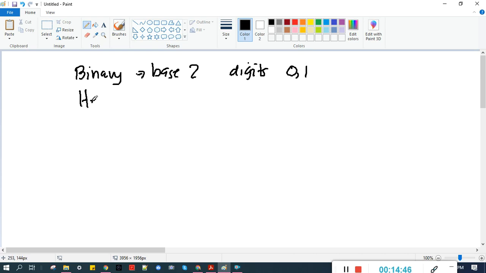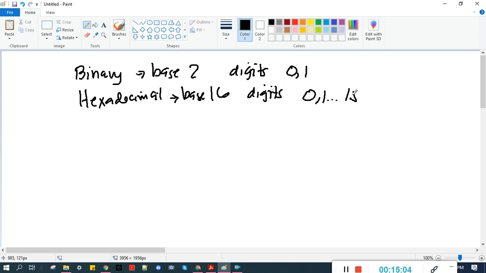What are the others? Hexadecimal, base 16. We have 16 digits, so from 0, 1 up to 15.